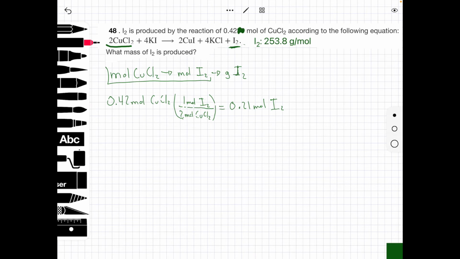Now let's change from mole of iodine into grams of iodine. That's the next step.